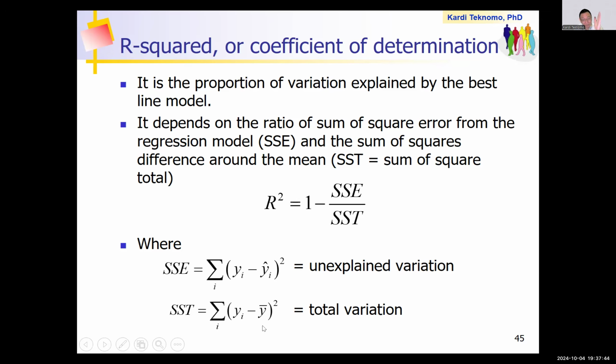So you get the average of the output, and then each observation you minus the average, and then you square it, and then you sum. So this is called total variation. So when we have 1 minus SSE divided by SST, then you get R squared. Why is this important? Even later in other models, we can also use this. This is the same formula. Even for a nonlinear model, we can also use the same formula.